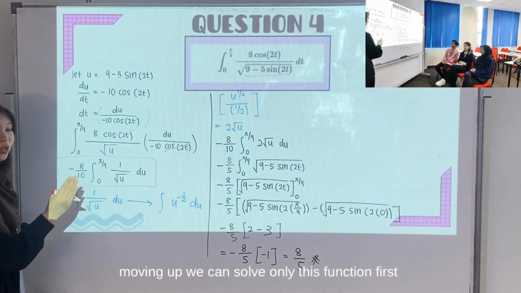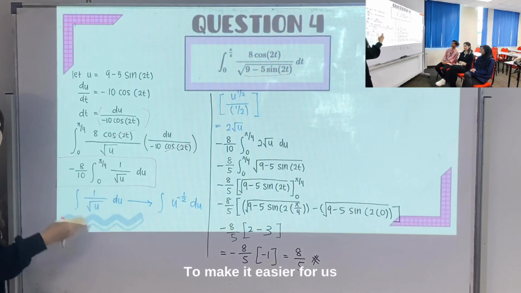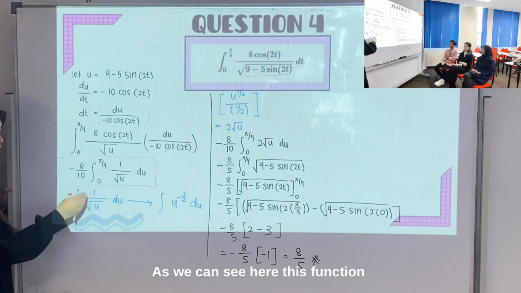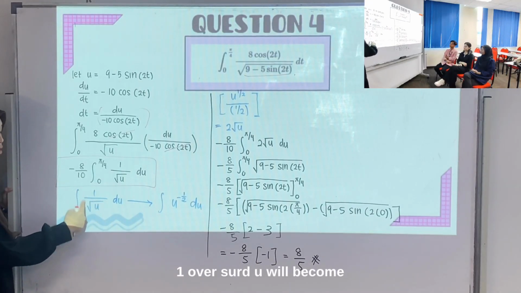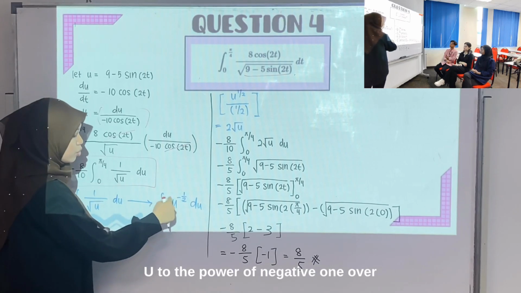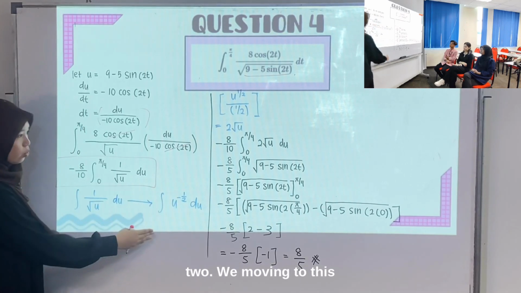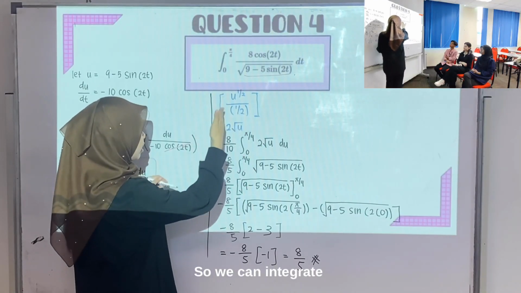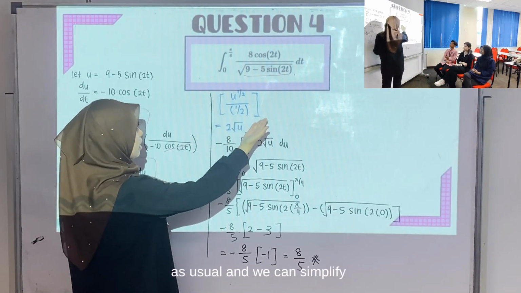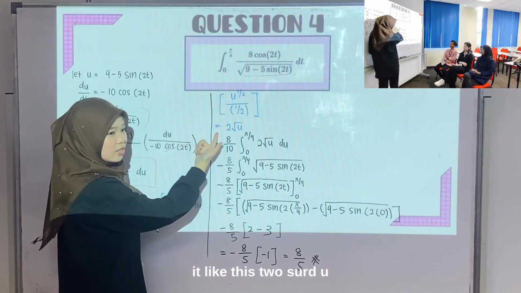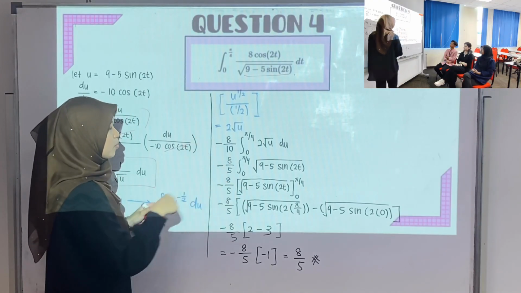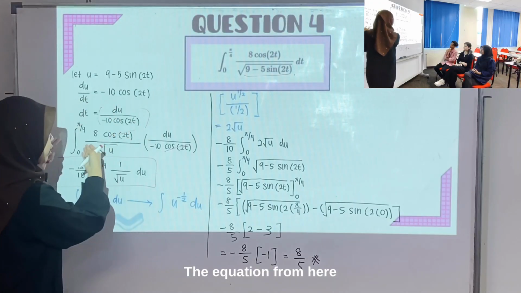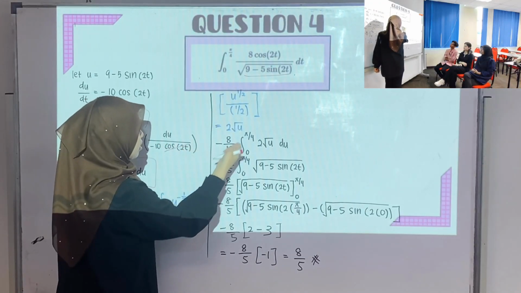Moving on, we can solve only this function first to make it easier for us. As we can see here, this function 1 over sec u will become u to the power of negative 1 over 2. We're moving to this, so we can integrate as usual. Then we can simplify it like this: 2 sec u. We can write it back, the equation from here, like this.